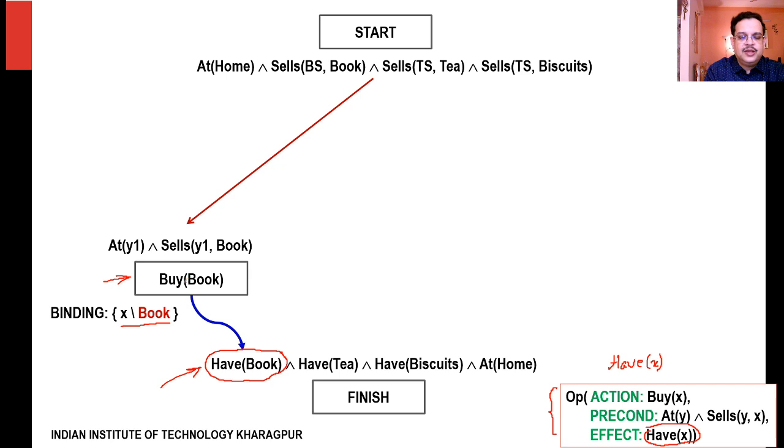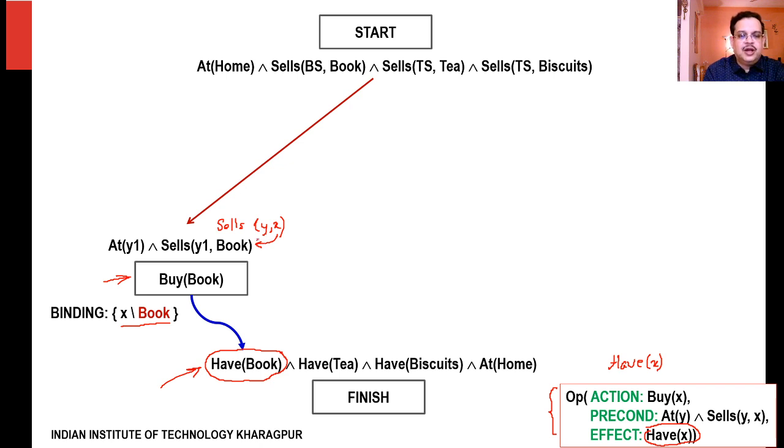So that's why in the precondition of this action buy book, instead of having sells y x, which is what you had in the action definition, this x is also replaced by book because I have instantiated the variable x with book.